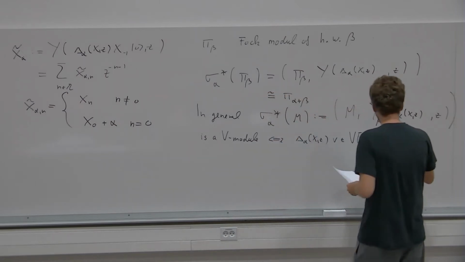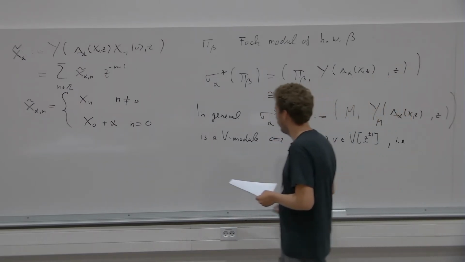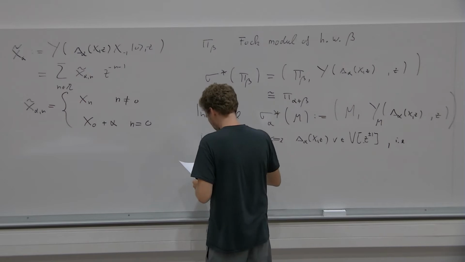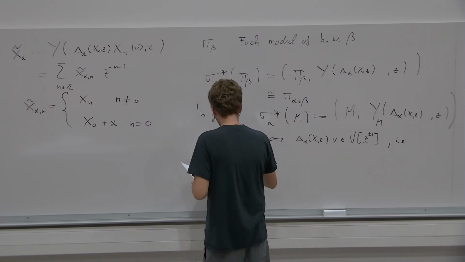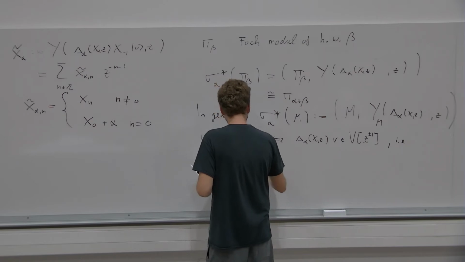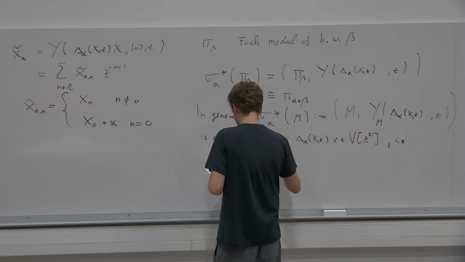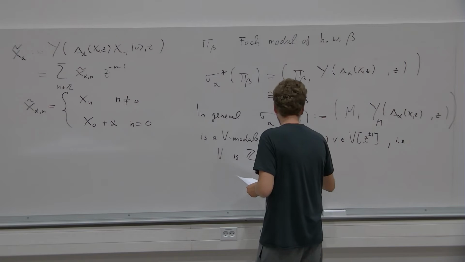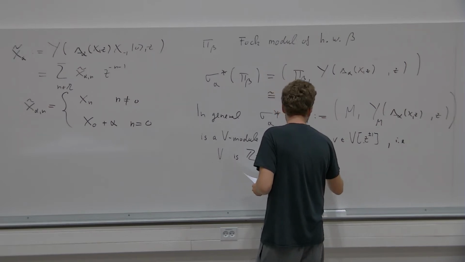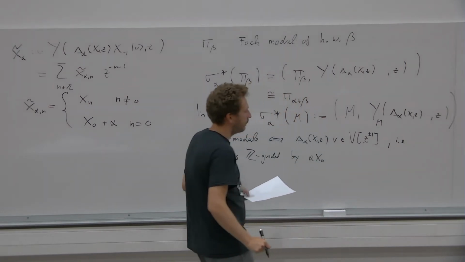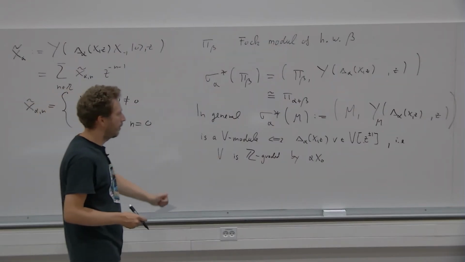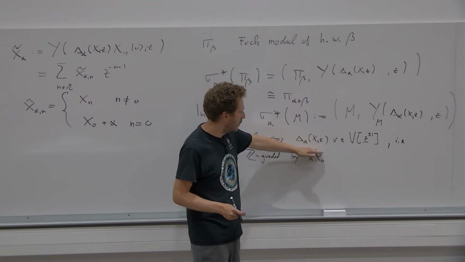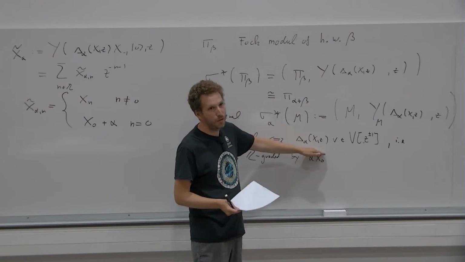In other words, it means the V module, not the V module, V itself is Z graded by the operator alpha times x naught. Okay. One more comment.